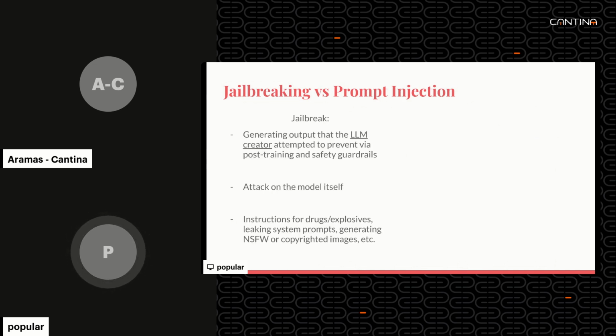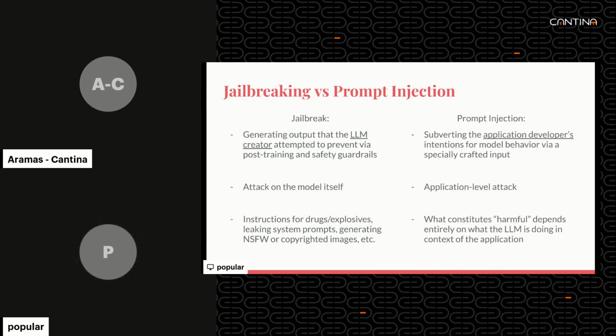OpenAI isn't banging the drum on anything like don't say blue, but jailbreaking here is generating output that the LLM creator themselves attempted to prevent via post-training and safety guardrails. So this is things like instructions for how to make a pipe bomb, generating copyright content, that sort of thing. And you can think of it as more of an attack on the model itself.